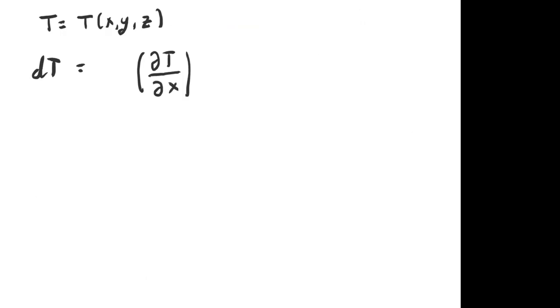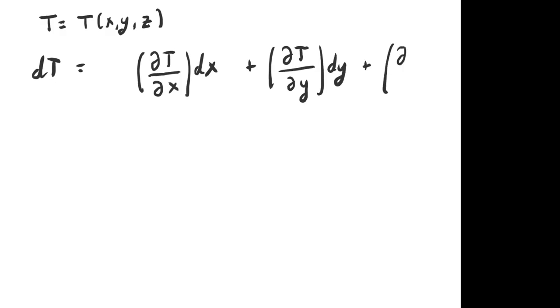So the temperature of the room depends upon x, y, and z. The derivative of the temperature in the room can be written out using the laws of partial differentiation. Namely, it's the partial derivative of t with respect to x dx plus the partial derivative of t with respect to y dy. Remember, t here is temperature in the room, plus the partial derivative of t with respect to z dz.